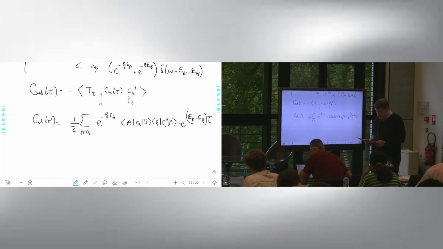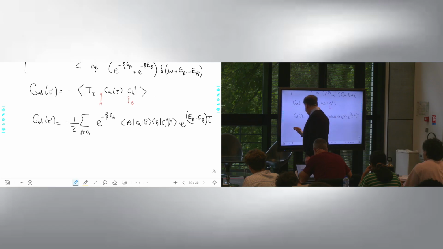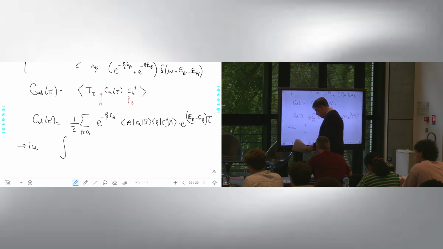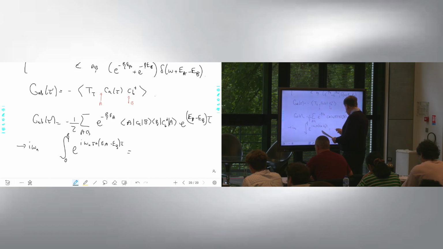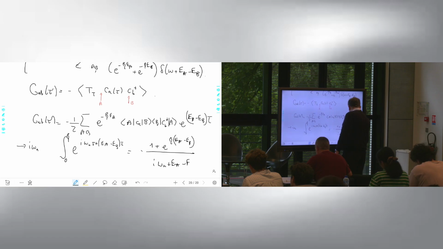And then what we do is that we go to frequency space, and because you have to be slightly careful when you do the integral e to the i omega tau plus EA minus EB times tau, these things give you minus 1 plus EA minus EB over i omega n plus EA minus EB.